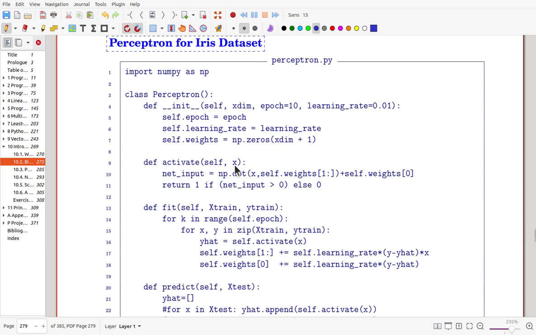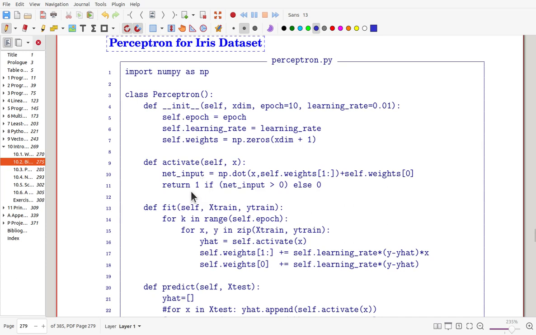Once you call activate along with a point, the point is dotted with the weights. During the iterations the weights are updated, and the last updated weight will be used to get the dot product, with W0 added. So it is the net input.